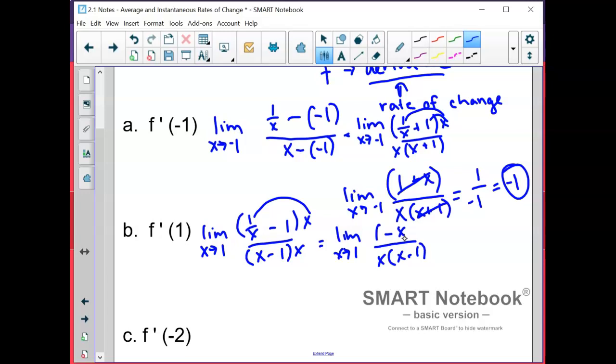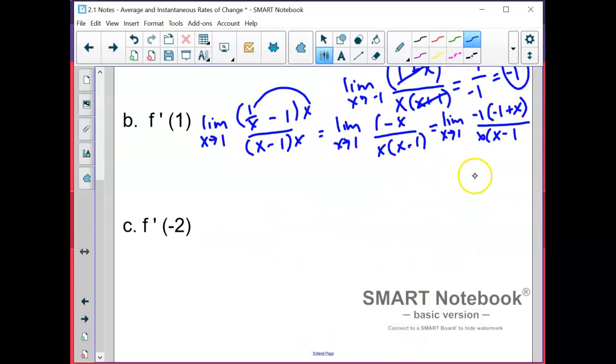But what we can do is factor a negative 1 out of that numerator. And if we do that, we'll have our limit as x approaches 1 of negative 1 times negative 1 plus x over x times x minus 1. And now you can see we could rewrite this.